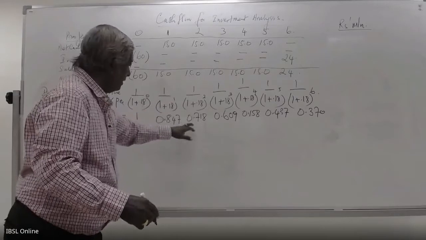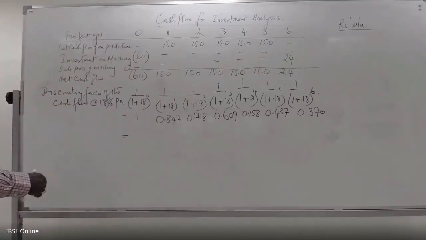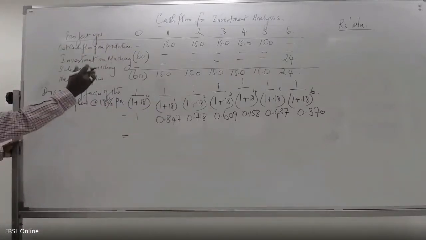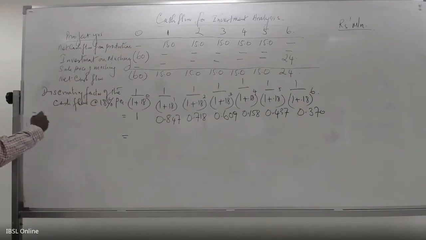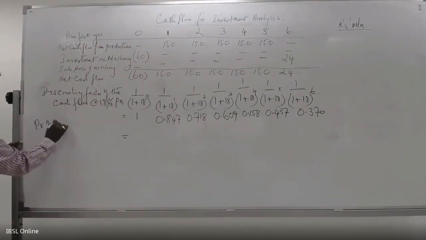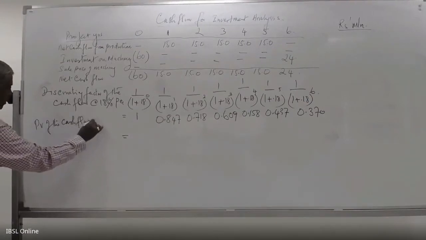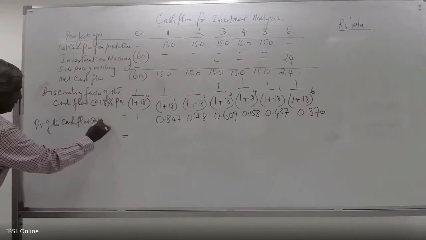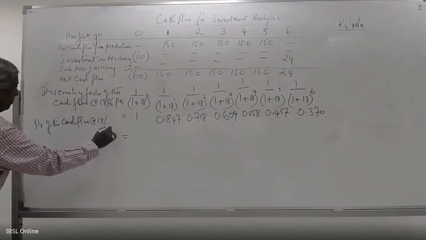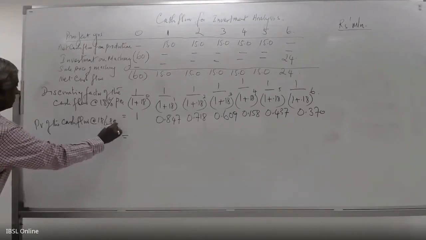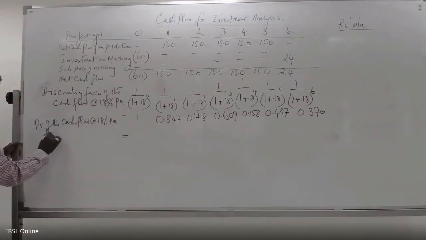Now the PV of the cash flow at 18% per annum discounting rate.